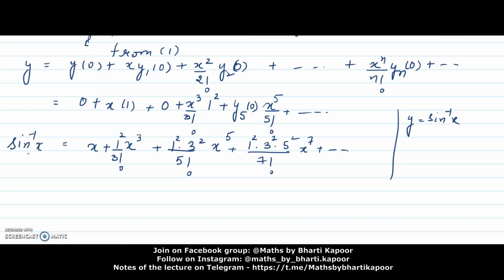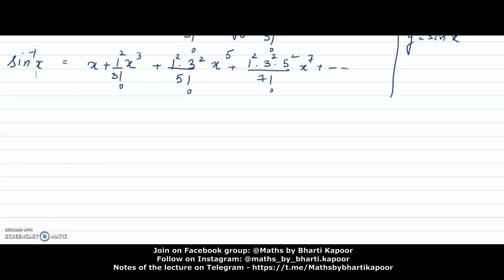Next we have to find the approximate value of pi. For that, take x equal to 1 by 2, which is possible because the function sine inverse x is defined in the interval minus 1 to 1. Because y1 is 1 upon under root 1 minus x square, when x is 1 or minus 1 this will not exist.